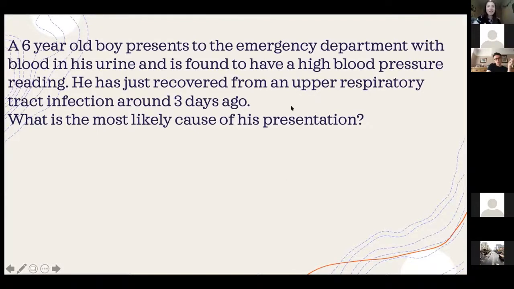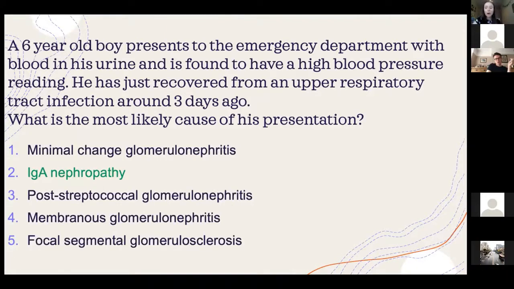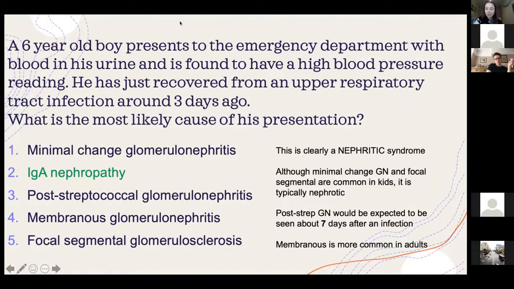So yes, a 6-year-old boy presents to the emergency department with blood in his urine and has a high blood pressure reading. He had an upper respiratory tract infection just 3 days ago. And you're right, that's an IgA nephropathy. So here, that's clearly a nephritic syndrome with the hematuria and the high blood pressure.